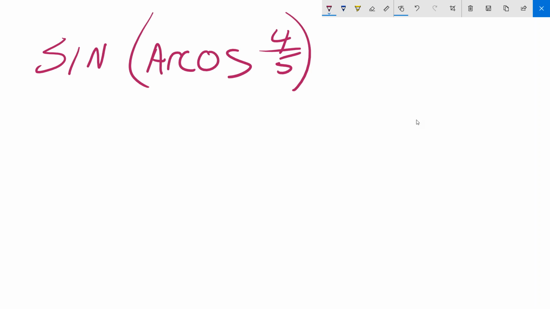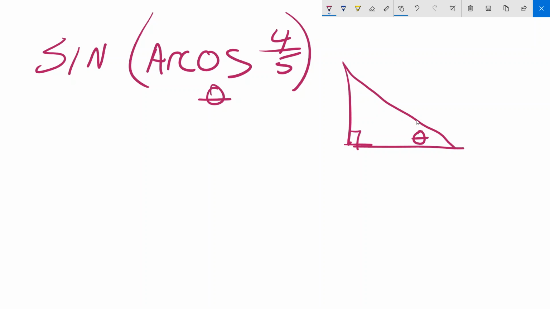Okay, now the first thing to do here is to look at what's inside the parentheses and to understand, is that an angle or is it a ratio? What's our cosine? Okay, so let's label it theta. And that's an important part of this process, because then you can draw a triangle. And not just draw a triangle, but label a right triangle and label theta.